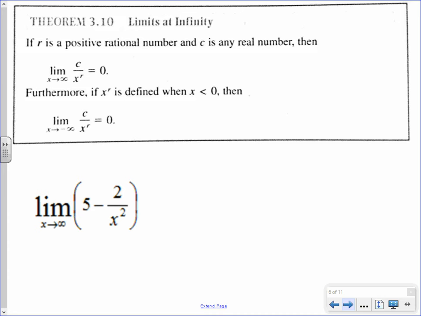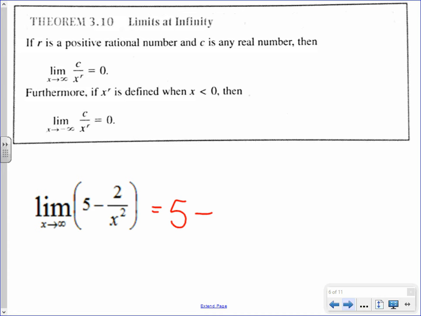So here I have the limit as x approaches infinity of 5 minus 2 over x squared. What's the limit as x approaches infinity of 5? Say it louder. 5.